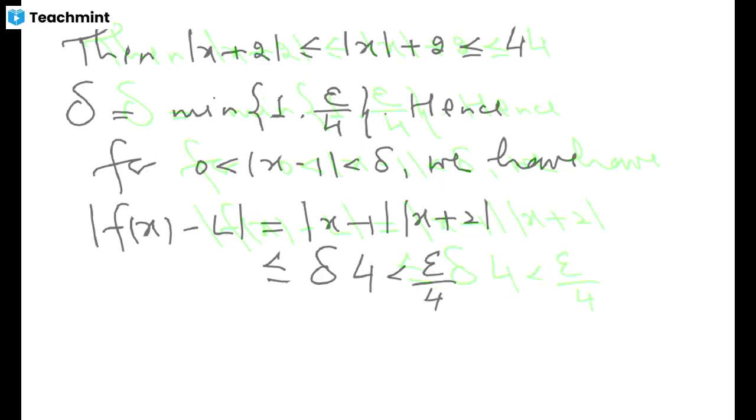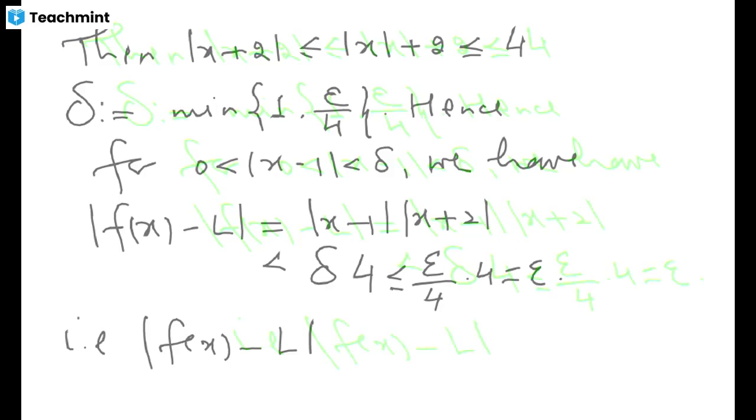Here, just let me make a correction. Because you have to take absolute value of x minus 1 less than delta, it will be a strict inequality here. So this becomes less than delta times 4, and from the definition of delta, this is less than epsilon by 4 into 4, the 4 will cancel, and what you form is that the distance of f of x from L is less than epsilon whenever the distance of x from 1 is less than delta and greater than 0.